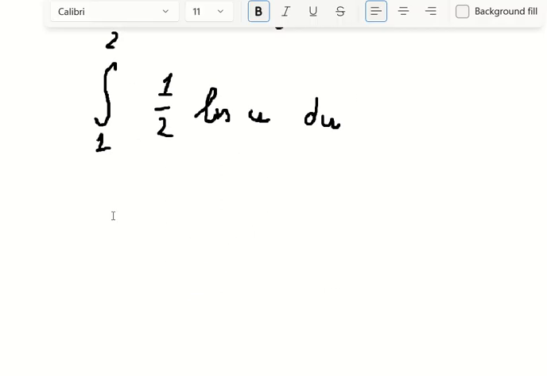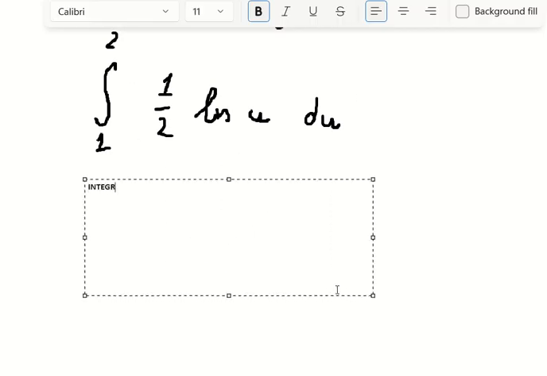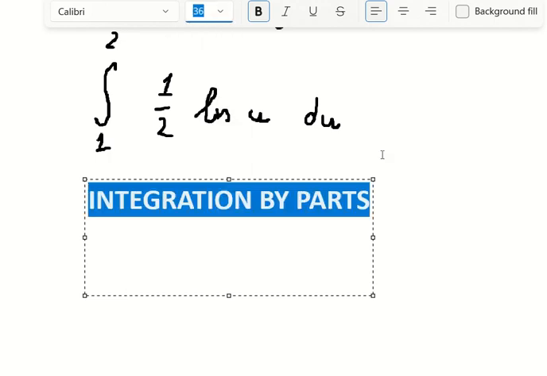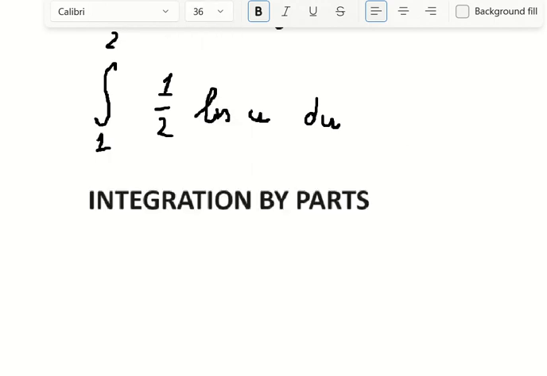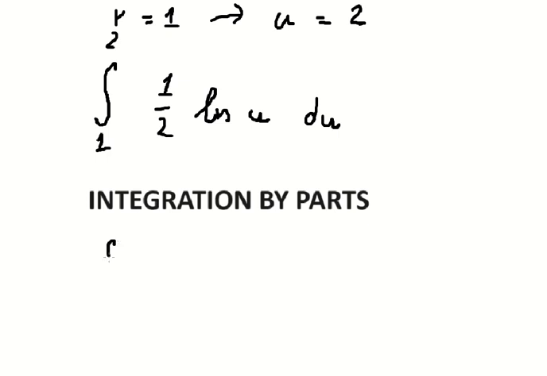After that we can use integration by parts. So in this one I will put t equals ln u.